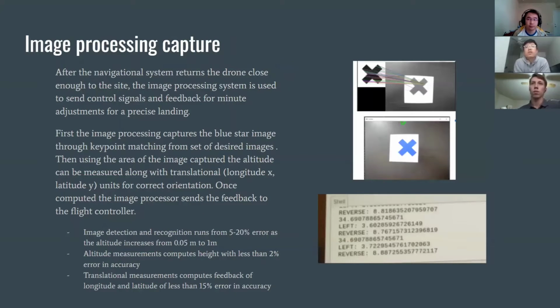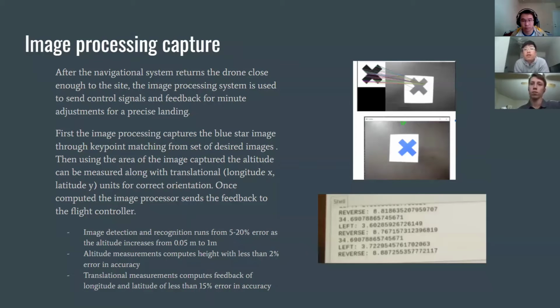Once the navigation system returns the drone somewhere near the landing site, the image processing system is activated. How it works is that the image processing captures the image of the blue star through a process of key point matching from a set of desired images that has been uploaded into the system.